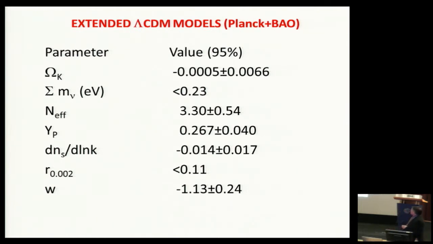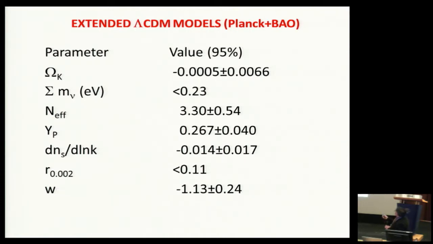So we've run a very extended, large grid of models. The results are all available to you in the Planck Legacy Archive, together with the MCMC chains, so you don't have to repeat this work yourself.